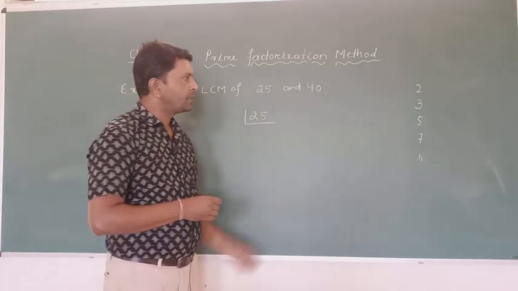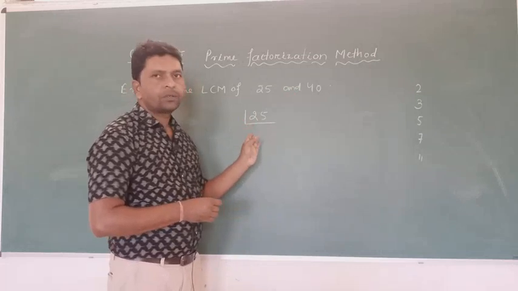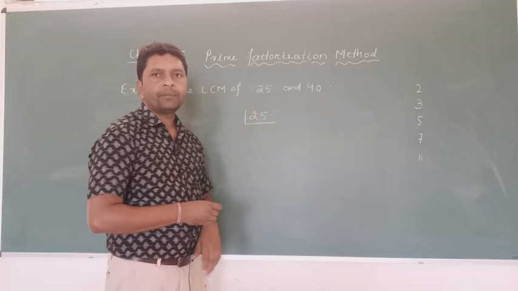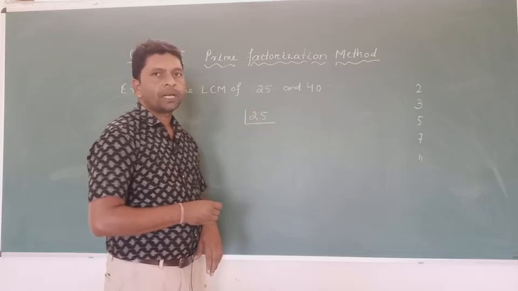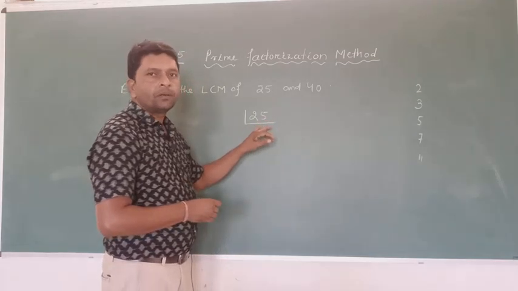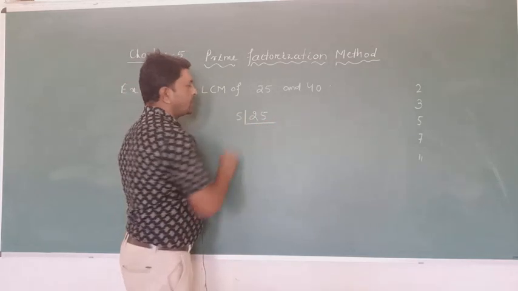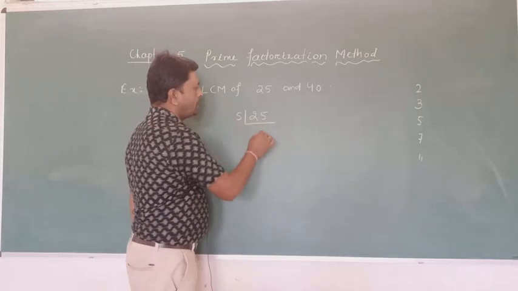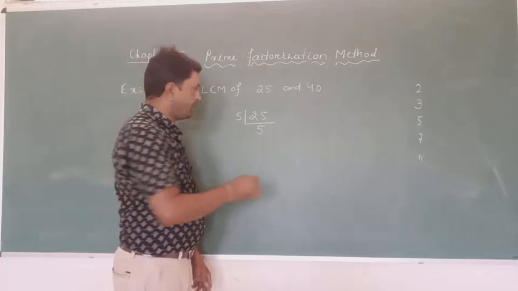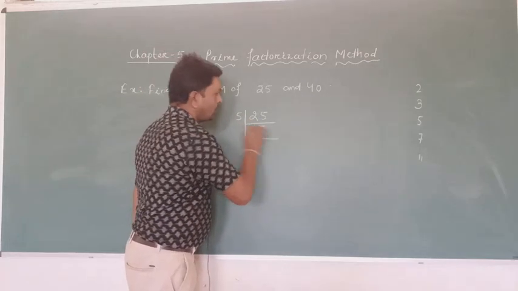Again we have to check with 3. So 25 is also not divisible by 3. So let's try with 5, the next number. Let's try with 5. So 25 is divisible by 5. Okay, so we take 5 here, and 5 fives are 25, and again 5 here.